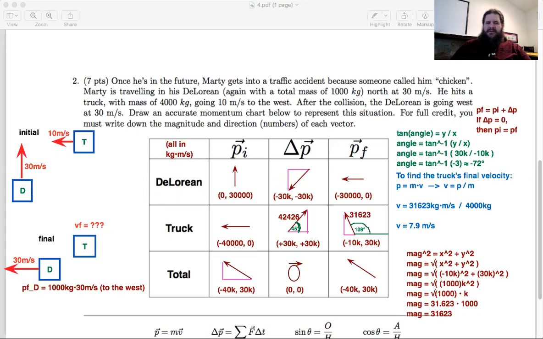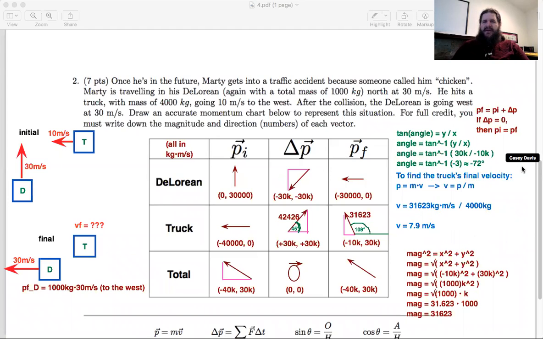And in which direction? What can we assume about the direction of the velocity vector? If you're just taking a vector, the momentum vector, and dividing by mass, what happens to a vector if you divide it by a scalar?